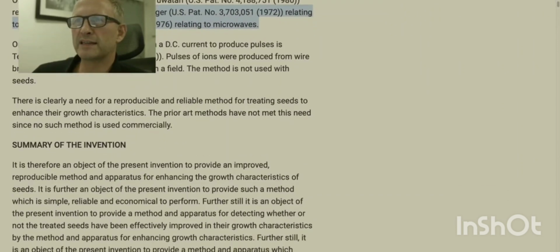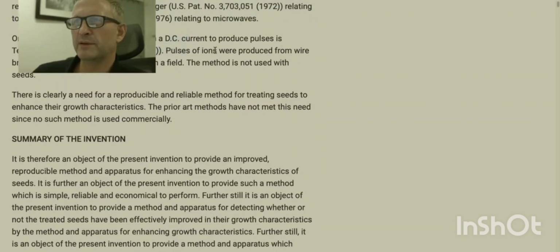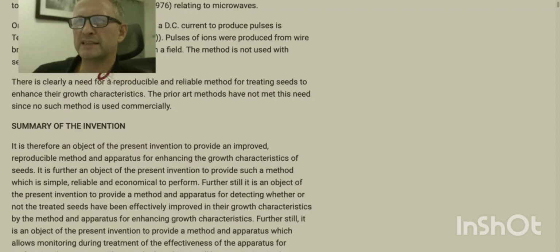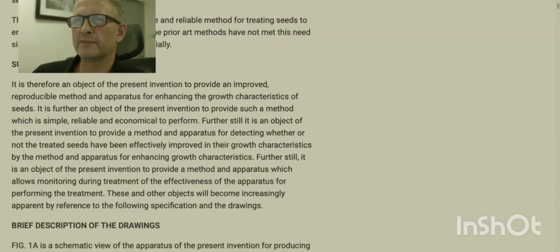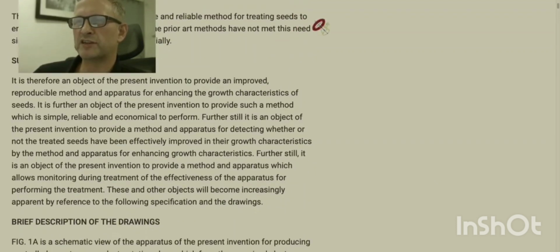There was one using AC ripple and DC current to produce pulses. Pulses of ions were produced from wire brush emitters to flood growing plants in the field. So this is actually doing it in the field, which is highly inefficient. It's not used with seeds. So there is clearly a need for a reproducible and reliable method for treating seeds.